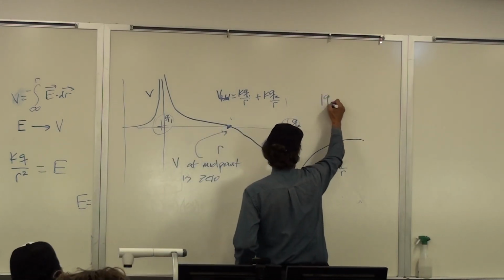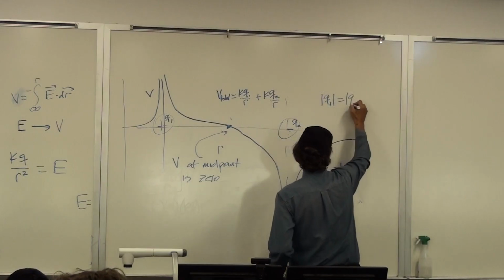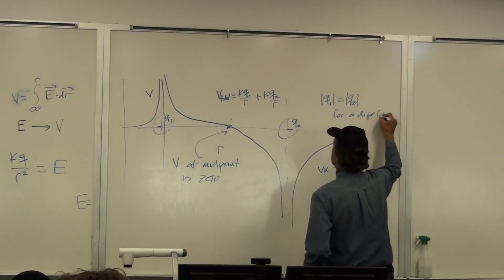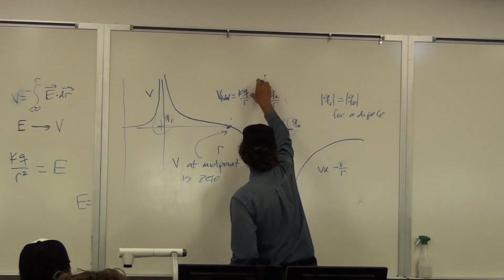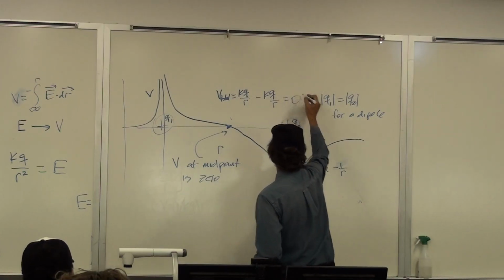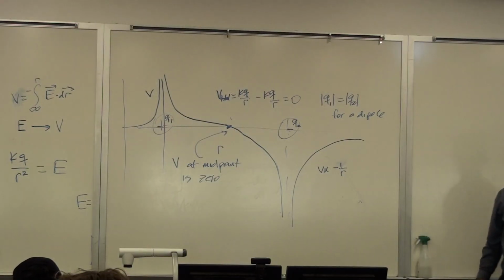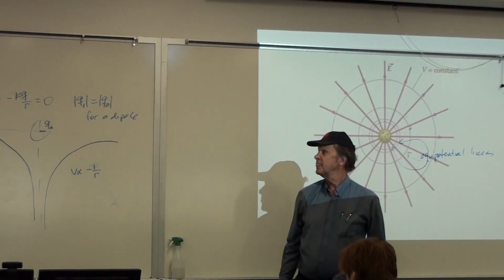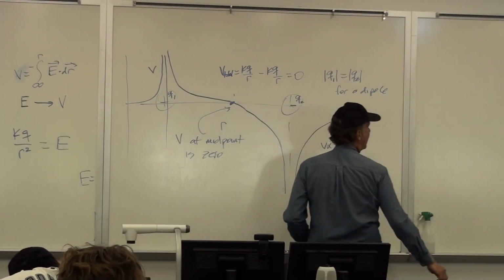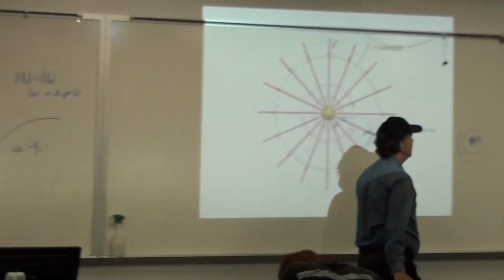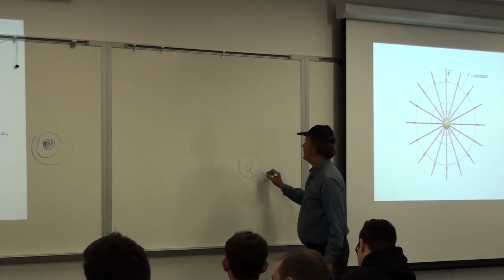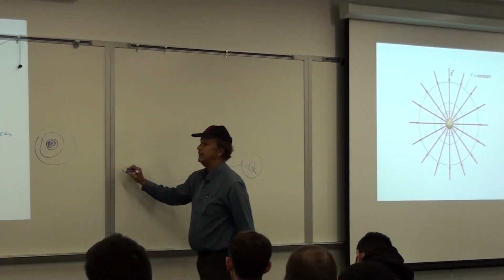If the magnitude of Q1 equals the magnitude of Q2 for a dipole, then this is just going to be KQ over R minus KQ over R equals 0. So the voltage is 0 there. Now, if something has 0 volts, then how much work would it take to bring something in from infinity? Let's say another charge here, and I want to bring it in from a really far distance away.